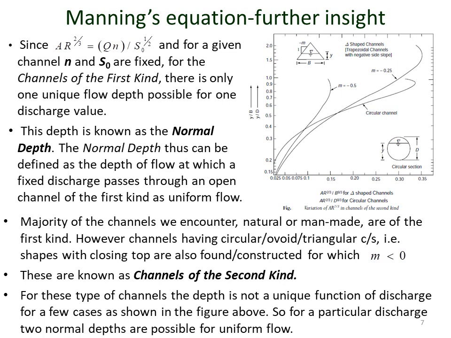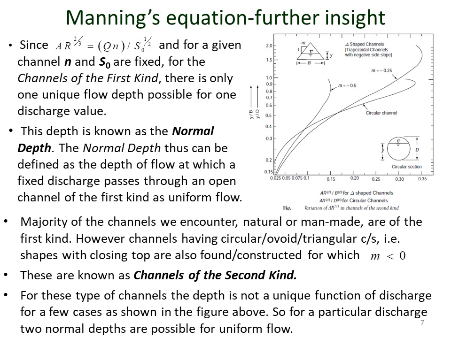However, in some cases we also encounter channels which are just the opposite of it, for which the top width is closing, or the closing top. For example, channels like circular channels, ovoid channels, or triangular channels with the vertex upward.